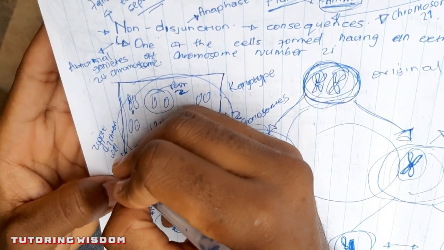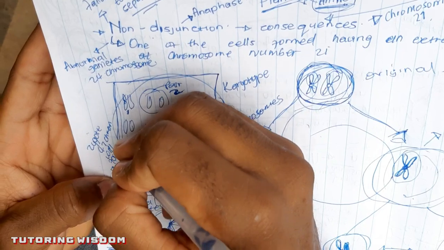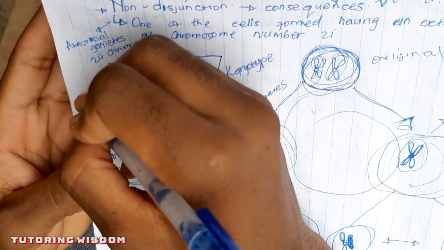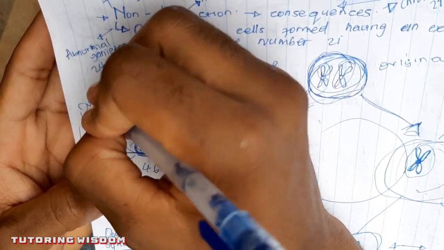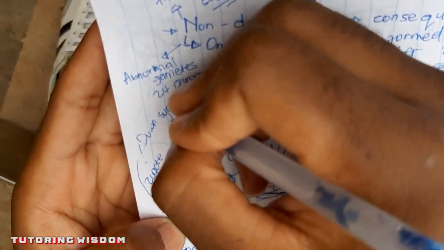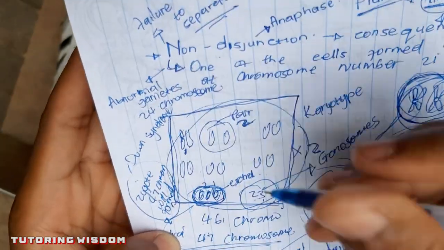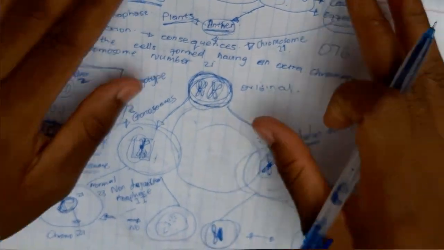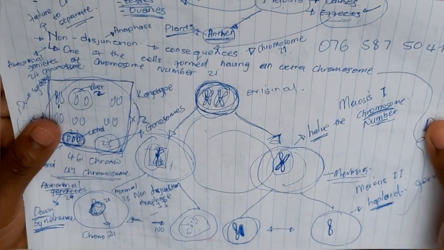This zygote is abnormal, so that means this zygote may have Down syndrome. Okay, this is all I had for you on abnormal meiosis.